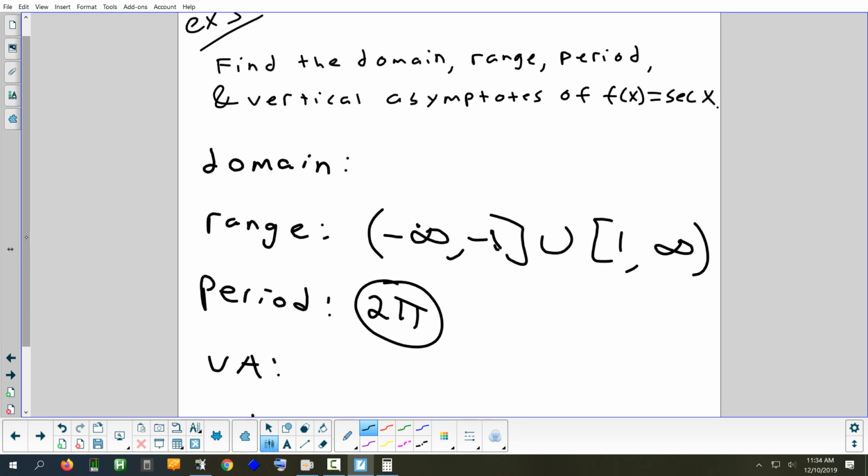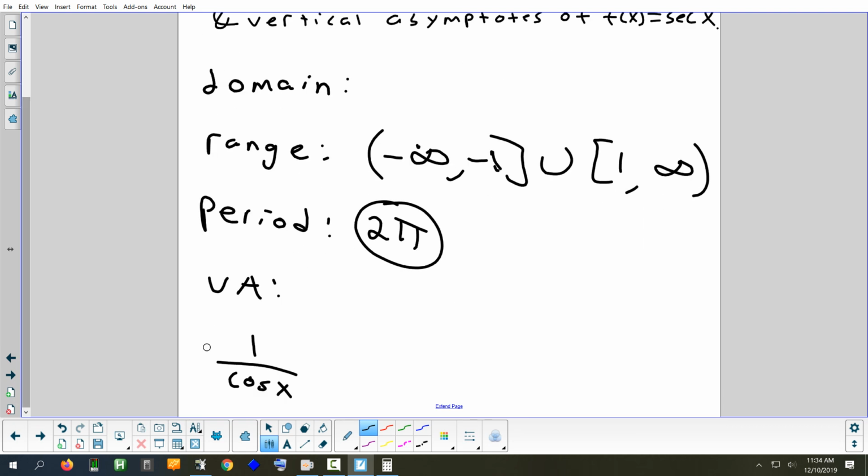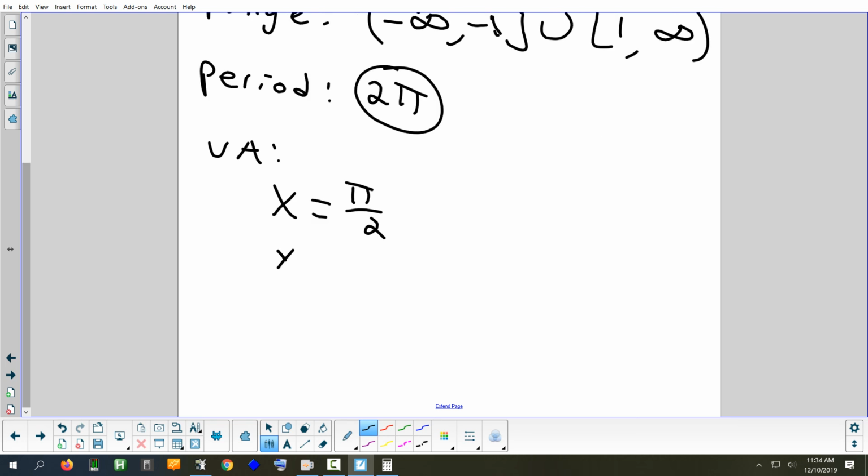It's just x. The x is already by itself. So your vertical asymptote is x equals pi over 2 and x equals 3 pi over 2. Plus, we want to say how often this asymptote is going to repeat. How often it repeats is called the what?